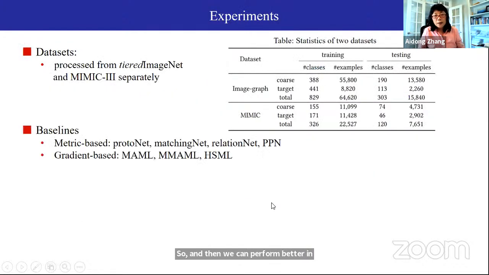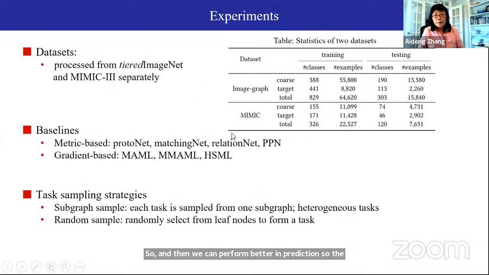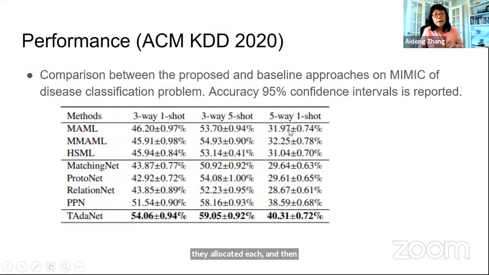So here are the results. MIMIC has a huge number of classes and examples, and each individual class has its own allocation. We compared the performance between all the different meta-learning methods and our method with the knowledge graph integrated.